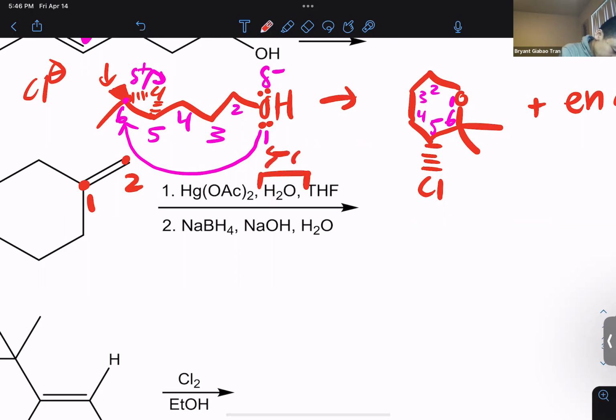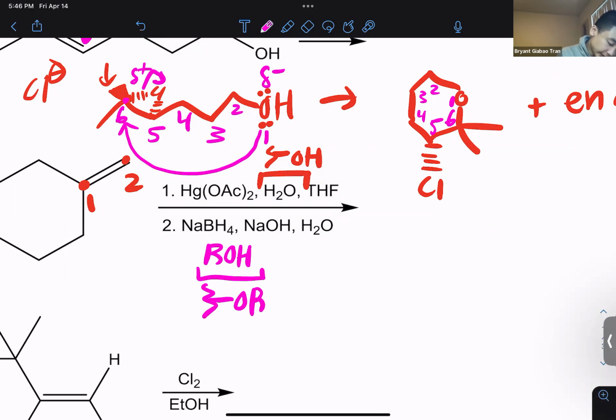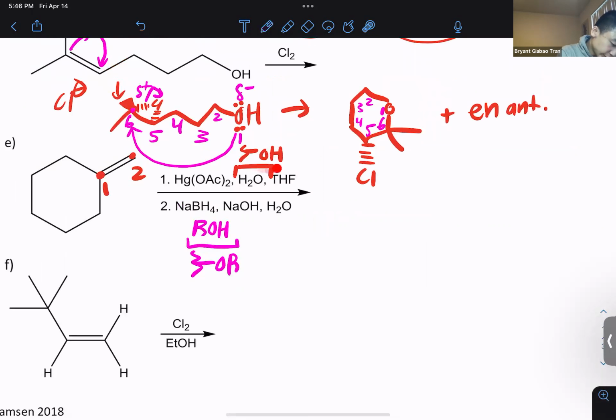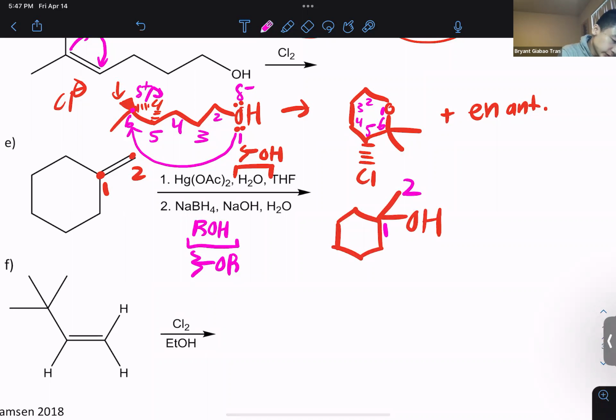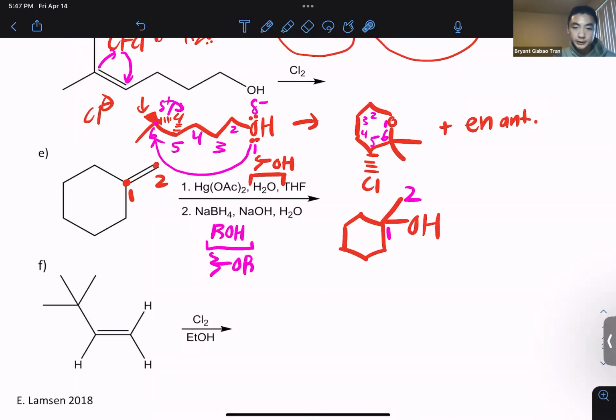If you are given alcohol instead of water, then you're going to attach an OR group instead of an OH group. But in this case, we're going to attach the OH group to the more substituted carbon, which is carbon 1. So our final product here would be this, where this was carbon 1, this was carbon 2. Okay, and that's the final product.